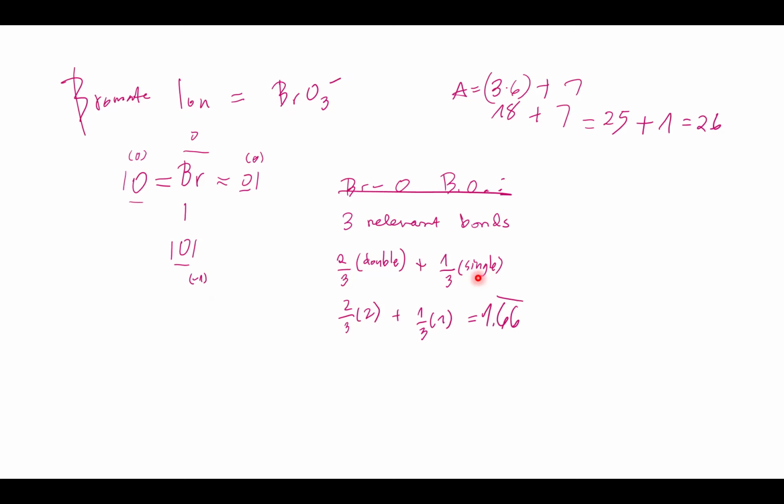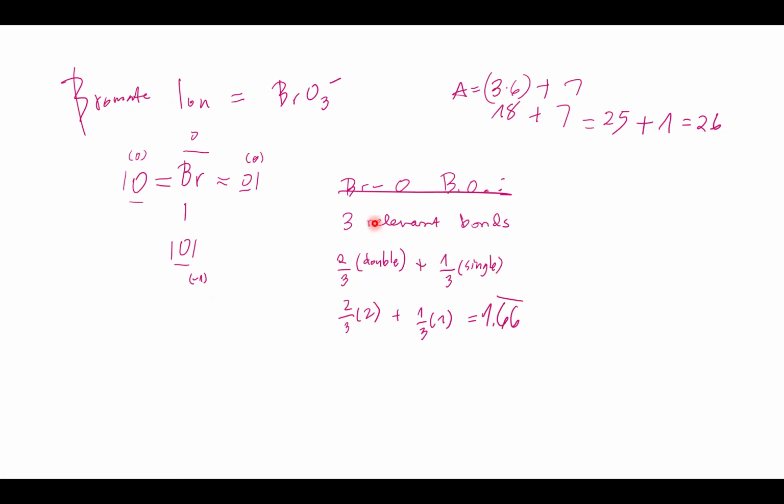I'm not too sure if you had to draw the resonance structures for these, but for what I'm seeing right now, and what I did calculate, I saw the bromate ion.